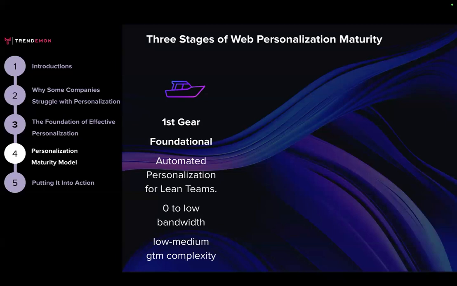So Khaled, for a first gear, for a first step, what do you see in those companies and what would you recommend? Yeah, so Avishai, for companies at that stage, if you're a small team or even a one-person marketing operation, the first goal is to automate your website personalization. This means showing each visitor content that is relevant to them, based on simple segments, where they came from or how they behave on the website.